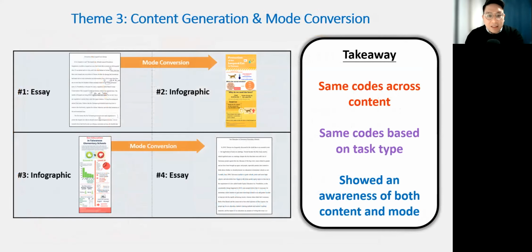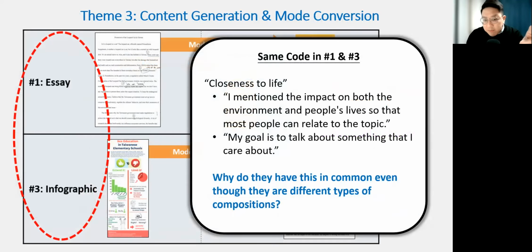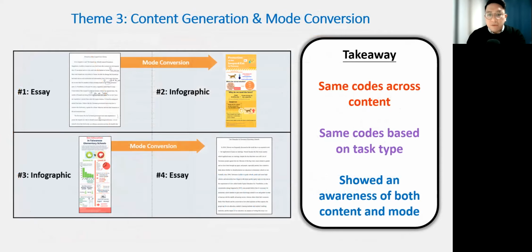And I think that's what students were getting at: because assignment 1 and assignment 3 required them to generate new content, they were thinking about content that was close to their lives. But they weren't so much thinking about that when they were doing assignment 2 or 4, because they were thinking about mode conversion.